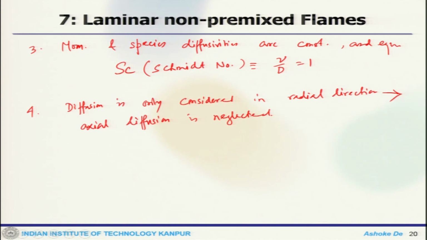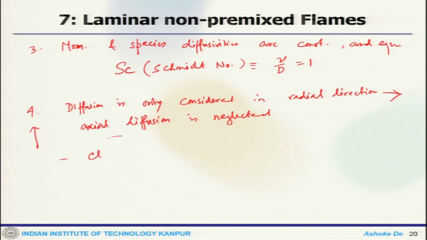Now, when there is a jet flow, this particular assumption is not a very good assumption, especially this will incur some error near the jet exit. Since near the jet exit it is expected that the axial diffusion will be significant, this assumption will not hold good there, but otherwise downstream of the flow field this seems to be a reasonable assumption, but one has to be careful about where it actually applies.